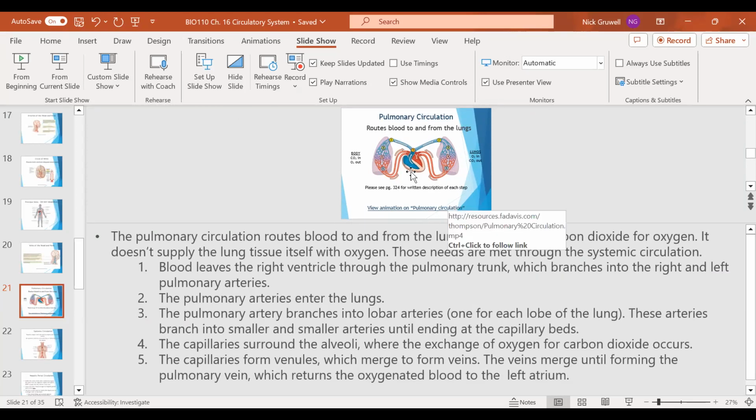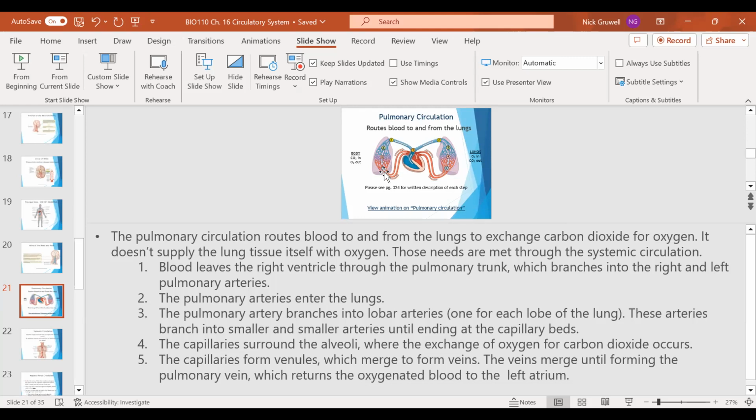We're going to then branch into our capillary beds. Our capillaries surround the alveoli, so those are our air exchange sacs. We'll talk more about those. They're very important, but we'll go into detail on that in the respiratory chapter. And that's where our oxygen and carbon dioxide exchange occurs. And then our capillaries form our venules.